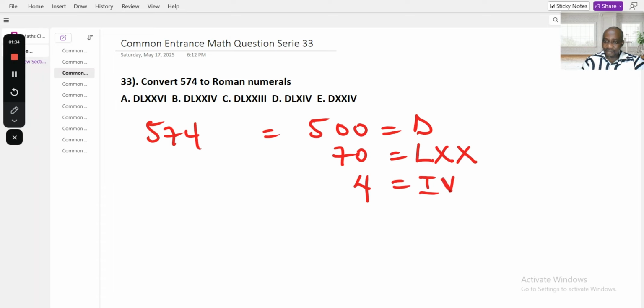IV. V is 5, and I is minus. I represents 1, which means 5 minus 1 is equal to 4. So the total Roman figure for this is DLXXIV. Where is the answer? The answer is number B.